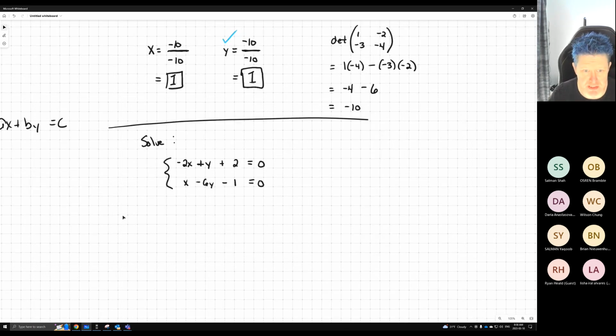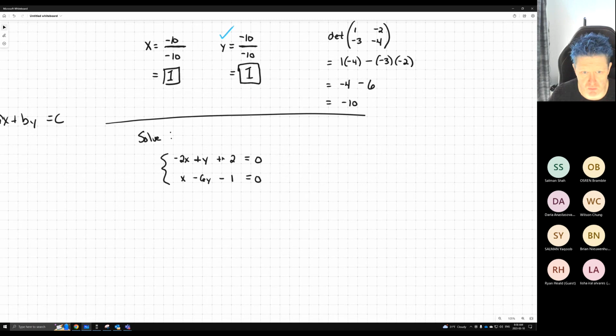So, in order to do this problem, we need to move the 2 and the -1 to the other side, and then we'll use that. So I'm going to subtract 2 from both sides of equation 1, and then I will add 1 to both sides of equation 2.